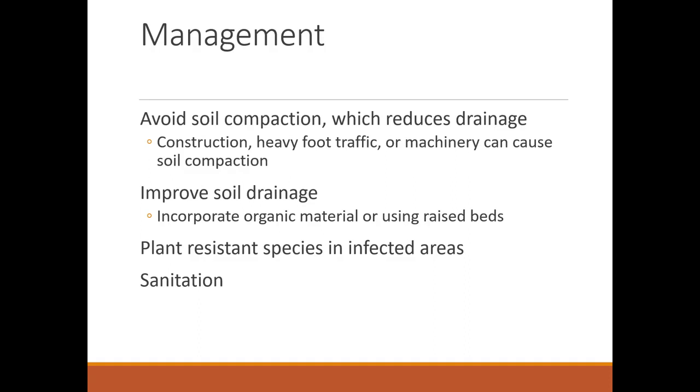They've also tried incorporating organic matter to kind of introduce some beneficial organisms. And if you are going to plant something there, you want to use something that's resistant, and of course sanitation. You need to get rid of every part of that plant.